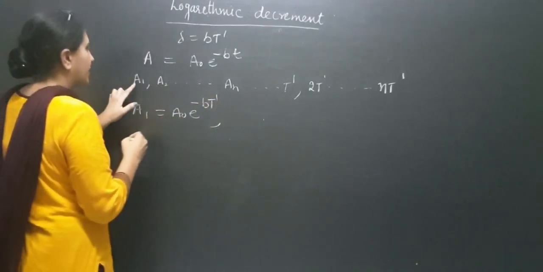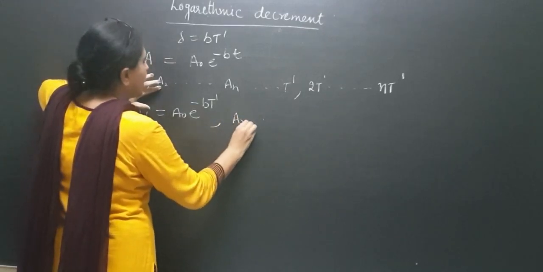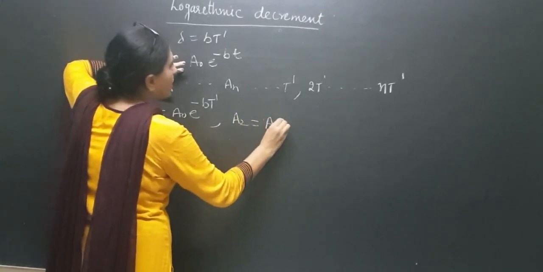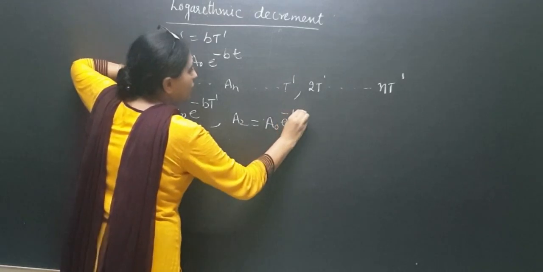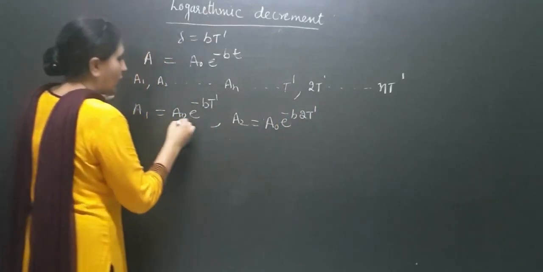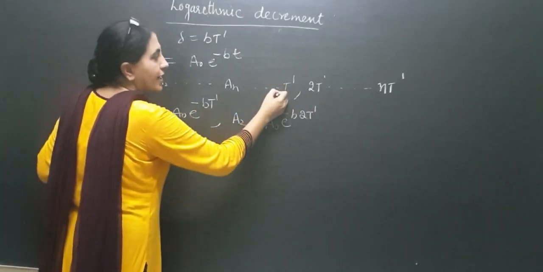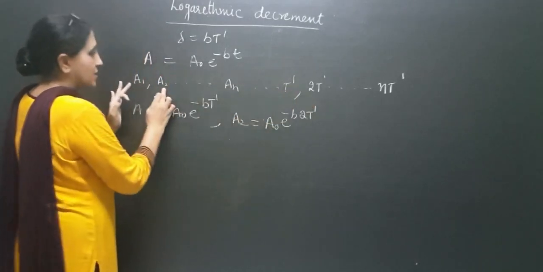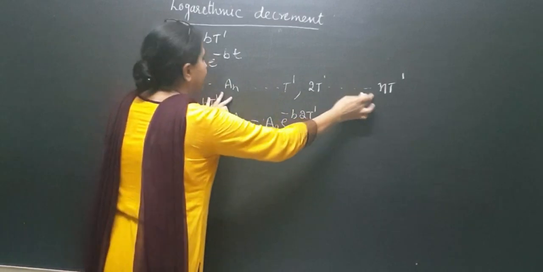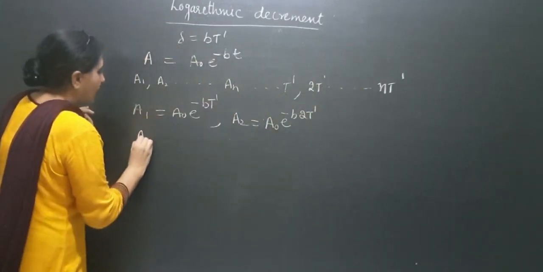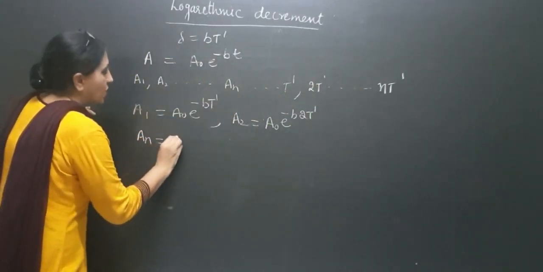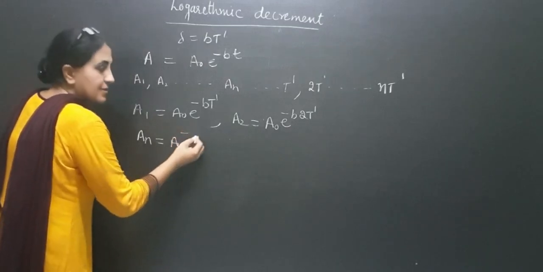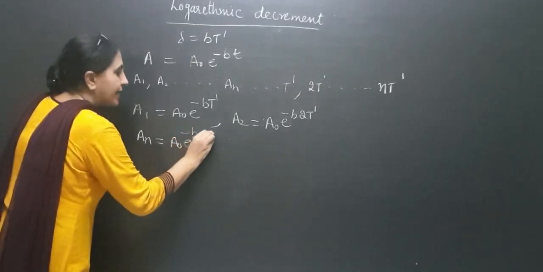Clear? And A2 is equal to A naught e raised to the power minus b2t', and so on. When it is t', this is A1. When it is 2t', this is A2. And when it is nt', this is An.